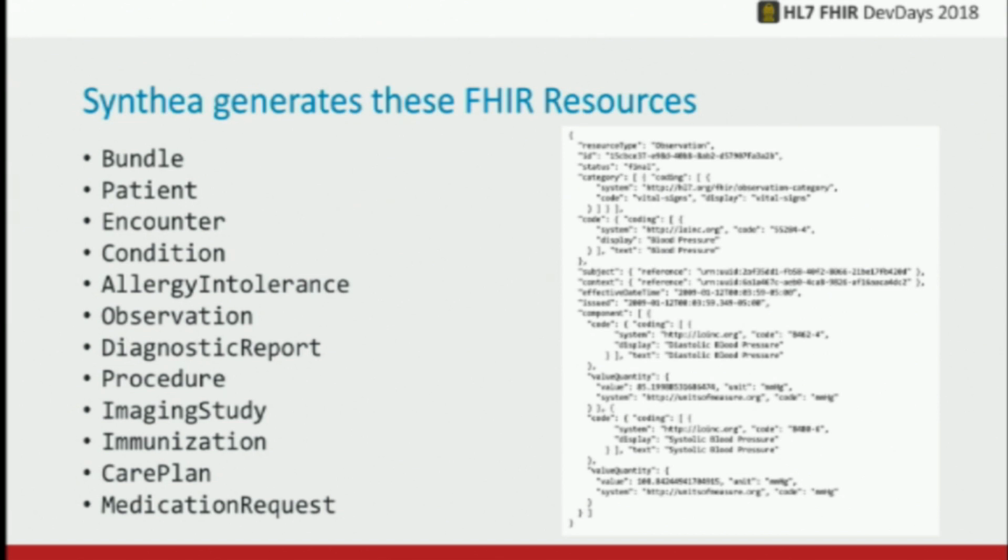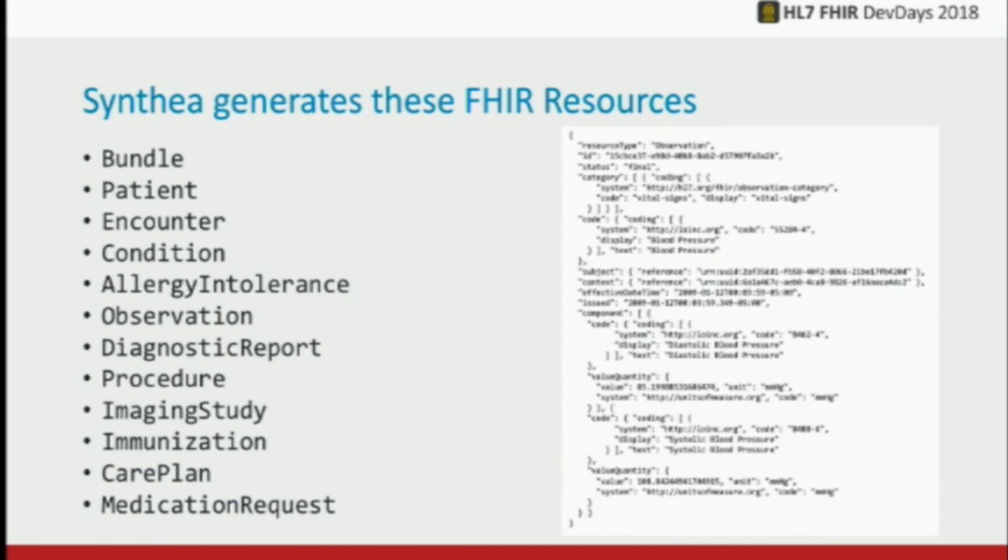Immunization, so all their vaccines. We have pretty complicated logic in there to make sure that people get the right types of vaccines in the right years, and you can't get vaccines before they were invented and all that kind of stuff. Care plans, so certain disease modules will give people care plans that they adhere to, and medication request is where we have our prescriptions.